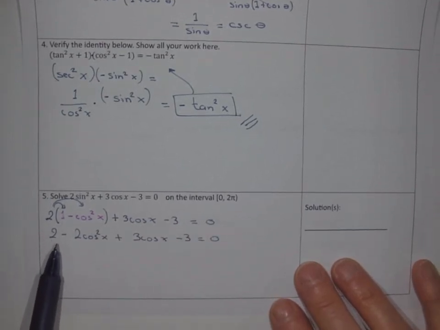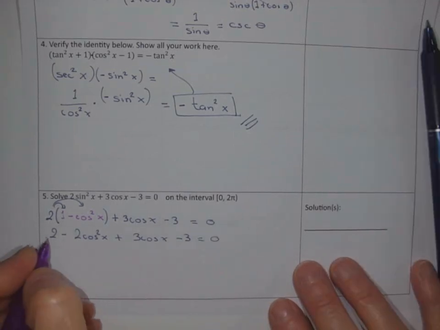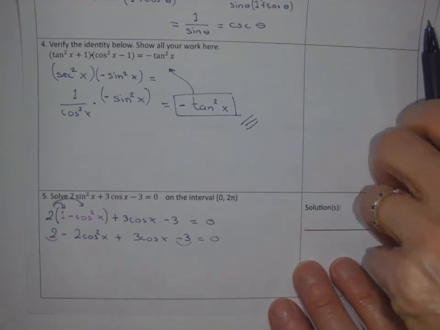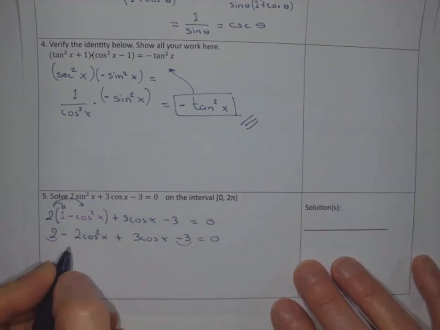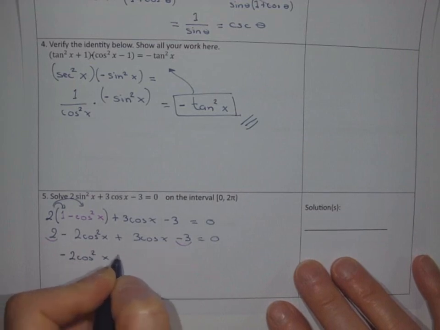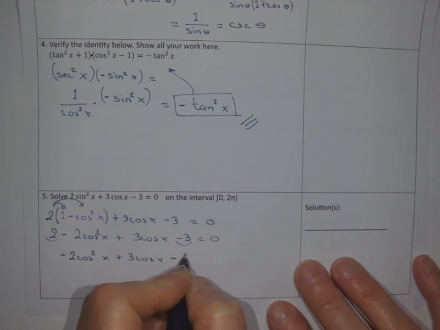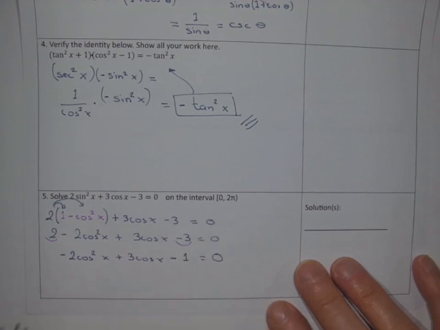And now I'm looking for like terms. So I have a 2 and I have a minus 3. So those two can be put together, right? 2 minus 3 is going to give me a negative 1. So I have negative 2 cosine squared of x plus 3 cosine x and then minus 1 equals 0.